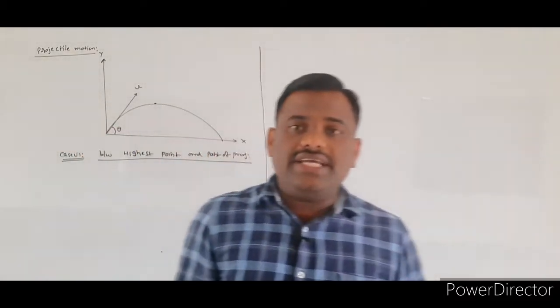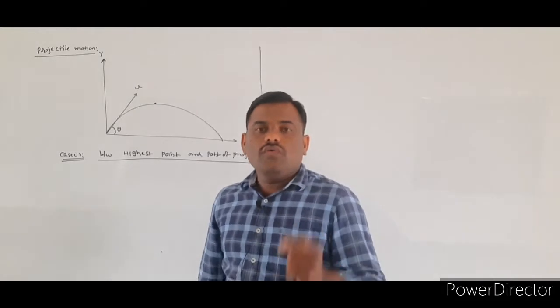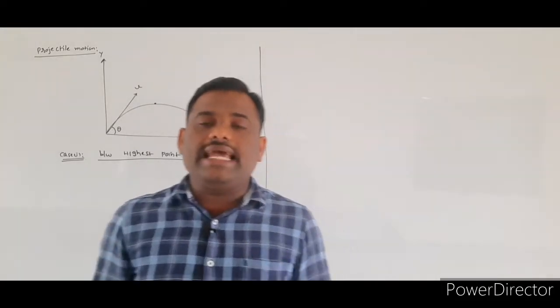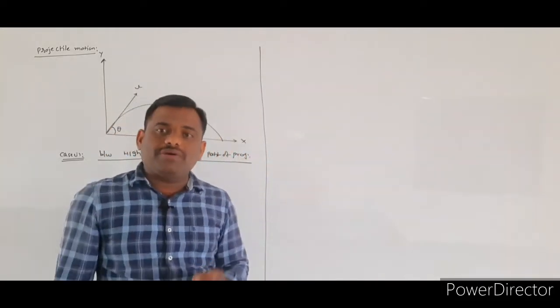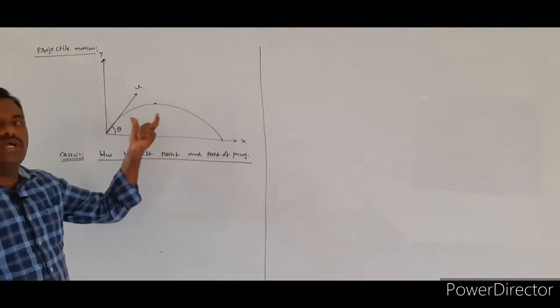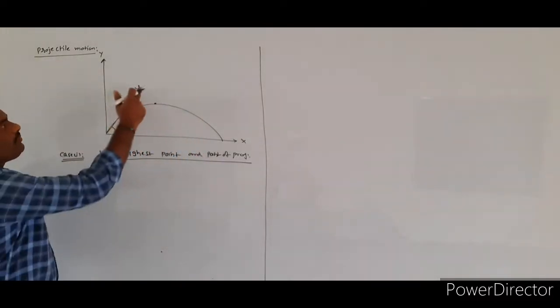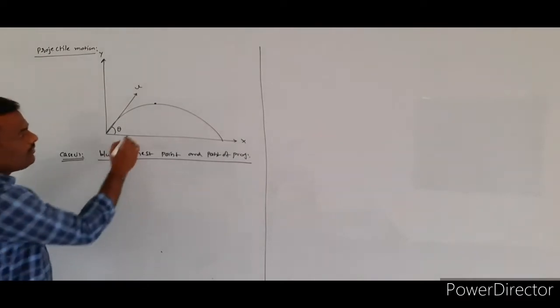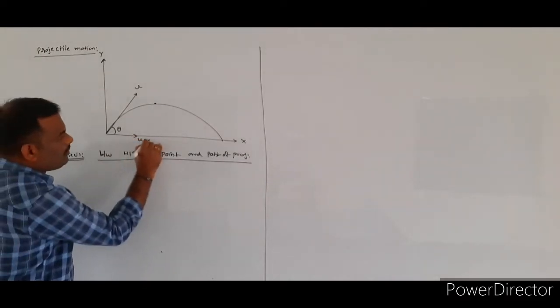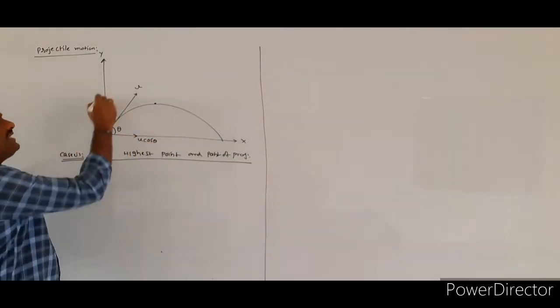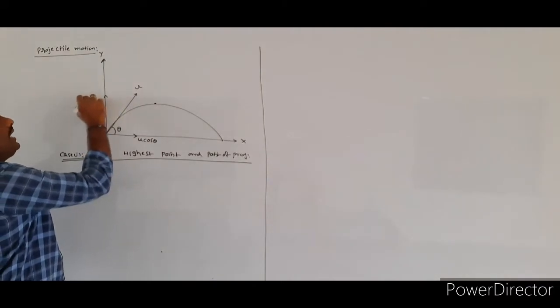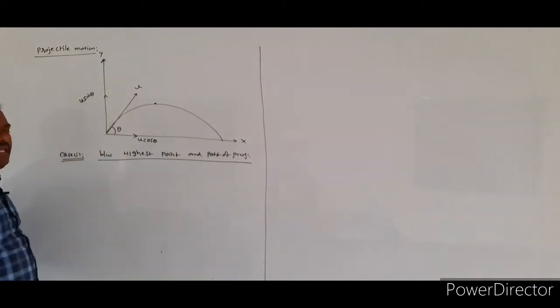To calculate the change in momentum, you must know the initial momentum of the projectile and the final momentum of the projectile at the highest point. As the body is projected with the initial velocity u, we resolve the velocity into two components: u cos theta along the horizontal direction and u sin theta along the vertical direction.